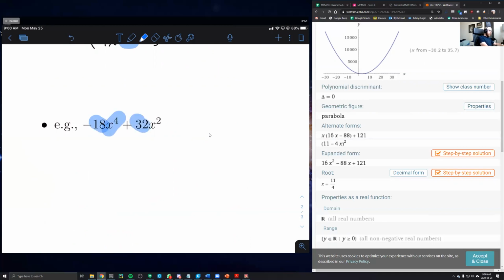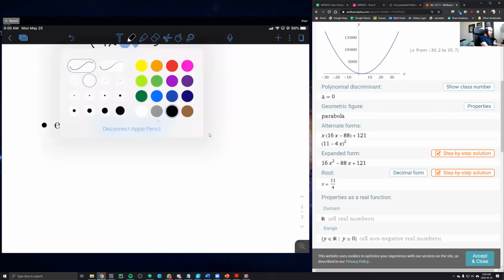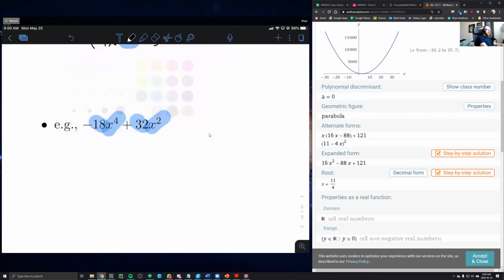I know x to the 4 and x squared, I can factor out an x squared there. So let's factor out a 2 and an x squared. Now, I'm going to be a little bit tricky here, and I'm actually going to factor out a -2. I won't tell you why, but we'll see why in a second. So I'm going to factor out a -2 and an x squared.